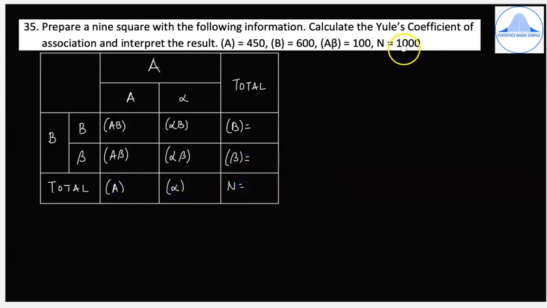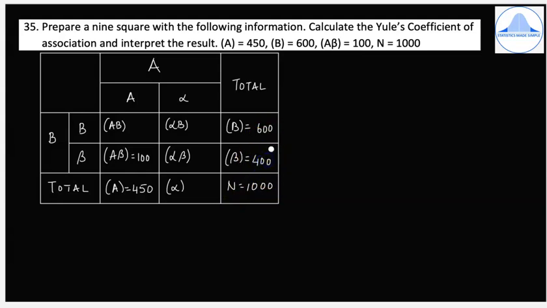I'll fill in the information which is given. A is 450. Then you have B as 600. A beta is equal to 100 and capital N is equal to 1000. So fill in all the cell frequencies which are given. Now let's find out the remaining. 1000 minus 600 is 400.